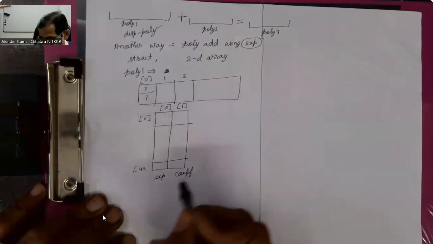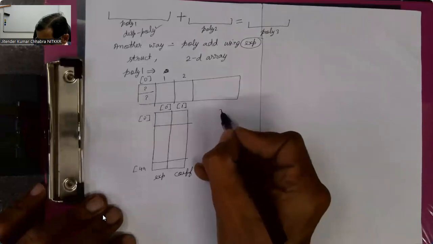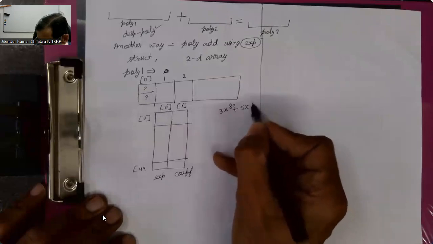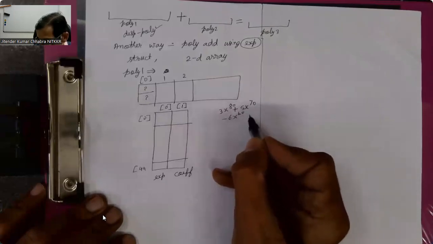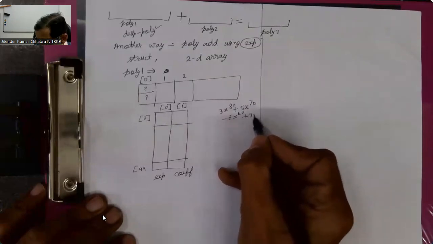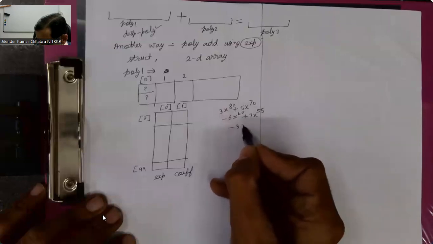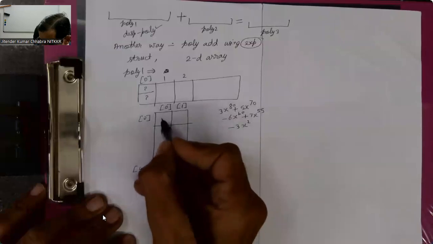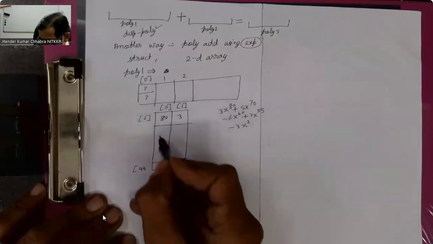storing the coefficients. So if I say my polynomial is 3x raised to 80 plus 5x raised to 70 minus 6x raised to 60 plus 7x raised to 55 minus 3x squared and so on, I will say at index 0, I will store 80 and 3 here.